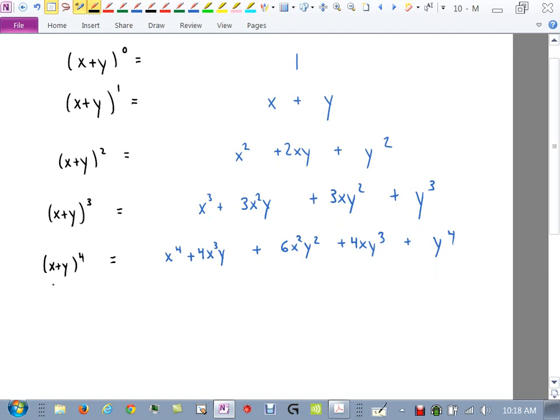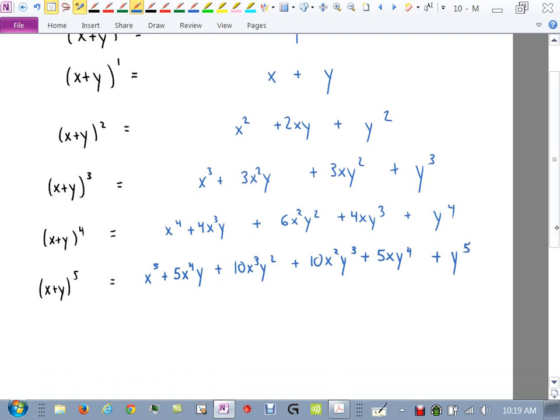I'll go one more. If I do (x+y) to the 5th and do all the multiplication, it will be x⁵ + 5x⁴y + 10x³y² + 10x²y³ + 5xy⁴ + y⁵.